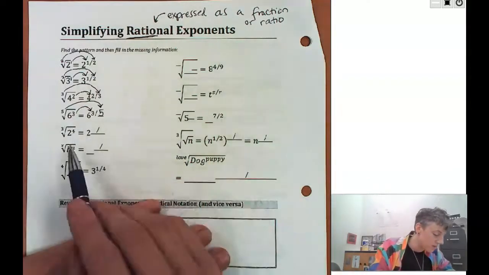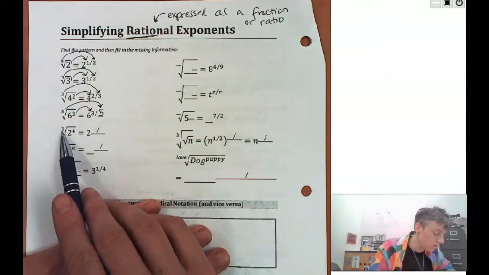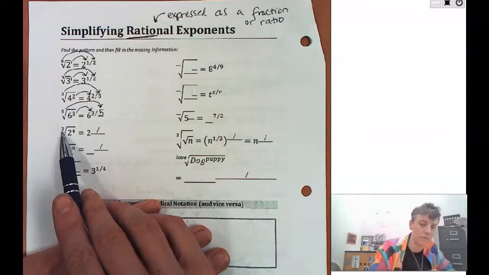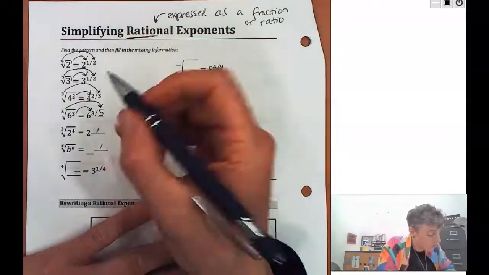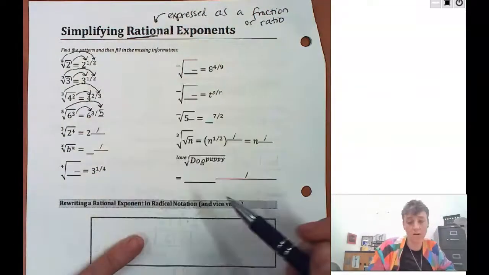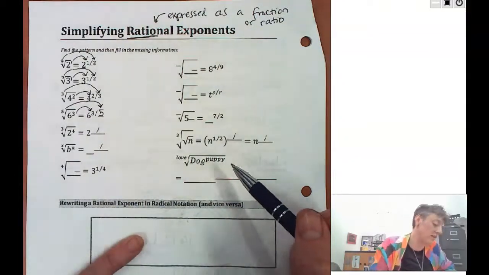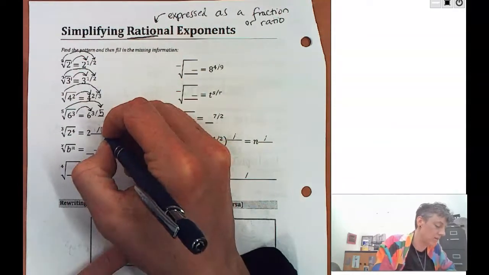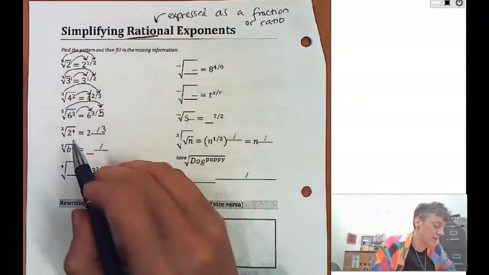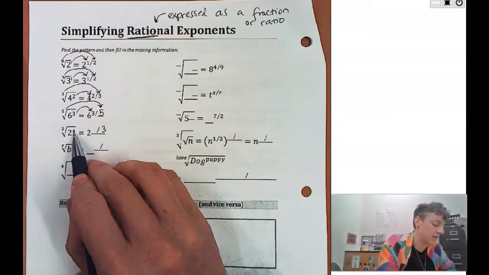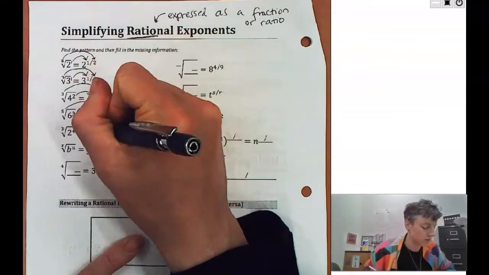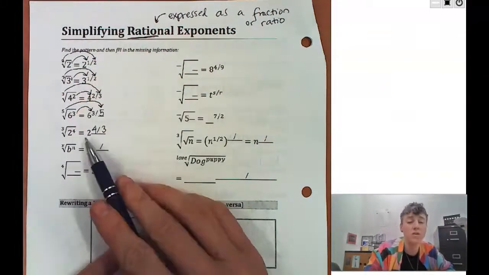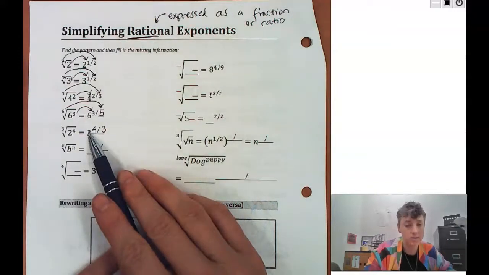How about the cube root of 2 to the 4th? Well, I know now, using my pattern recognition skills, that the index is going to become the denominator, and the exponent on the radicand becomes the numerator of this fractional exponent. So this is 2 to the 4/3.